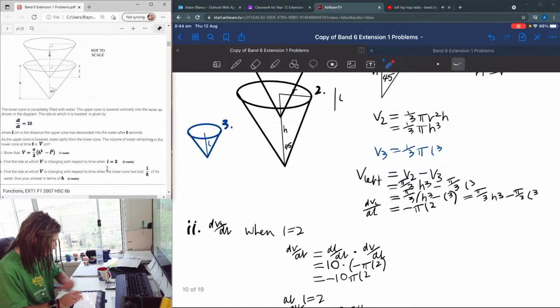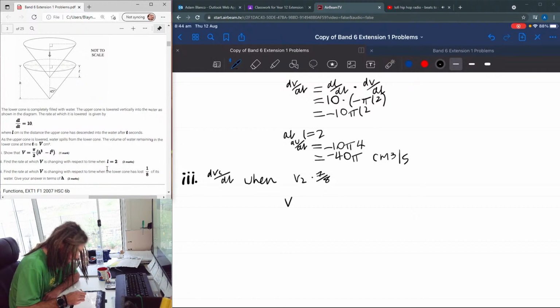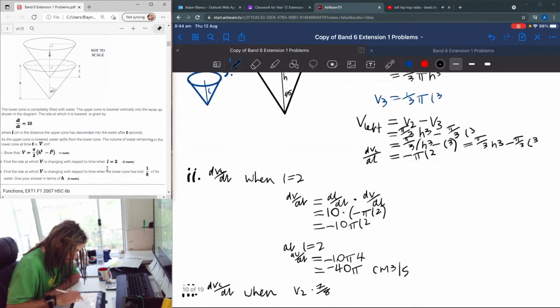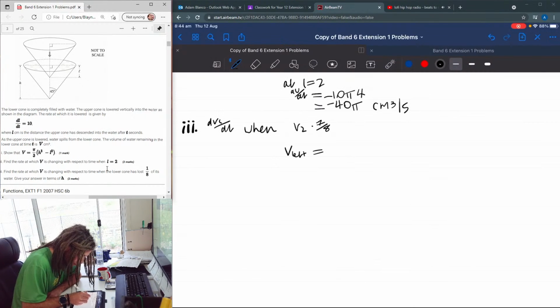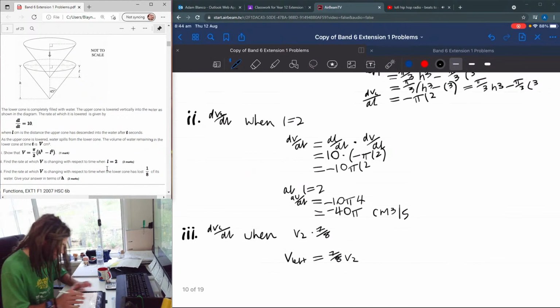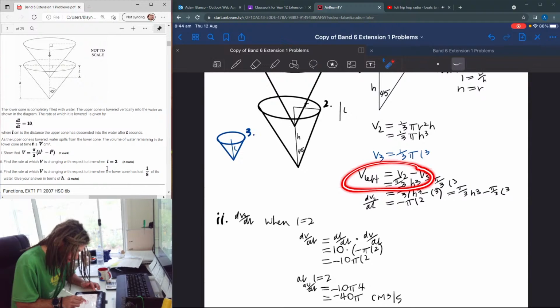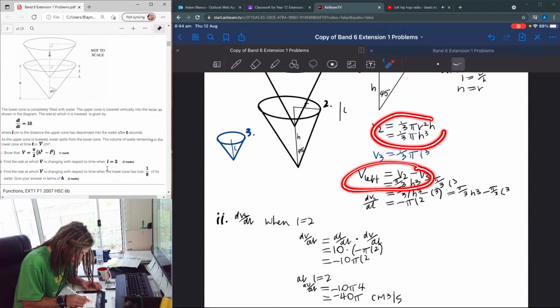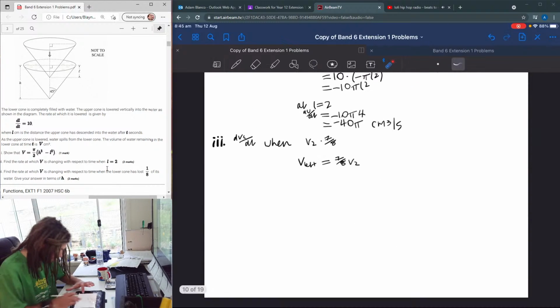That's what I'm trying to find. So I need to know when this cone minus this cone equals 7/8 of the original cone. Does that make sense? I feel like that's a terrible explanation. I want to know when this is 7/8 of this. I hope that makes sense. Please stop me if that doesn't make sense.